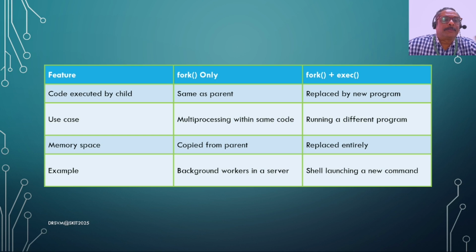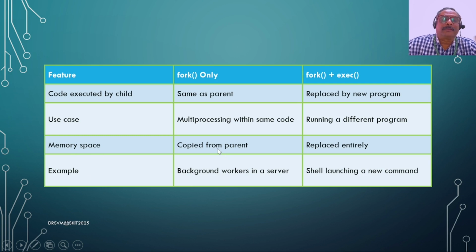Looking at it from another perspective, the fork-only way of creating a new process and the fork plus exec way. The code executed by the child is the same as the parent was executing, whereas here the code is replaced with a new program. Use case for fork only is multiprocessing with the same code, and for fork plus exec, running a different program.